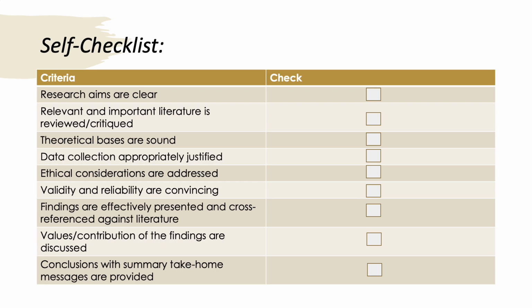The next, we want to make sure that we have present evidence for the validity and reliability, which should be convincing, and then we expect that the findings are effectively presented and cross-referenced against previous literature, and then the values and the contribution of your findings are discussed. And finally, you want to make sure that you have included a conclusion section with summary and take-home messages.